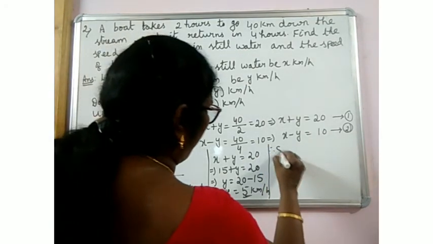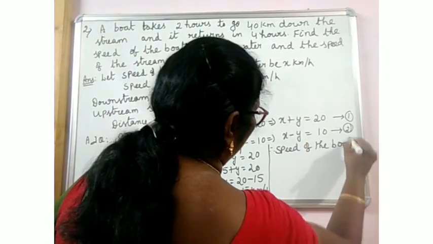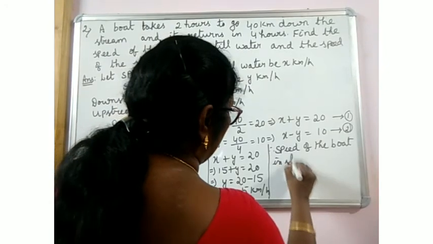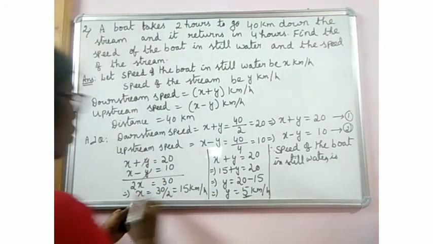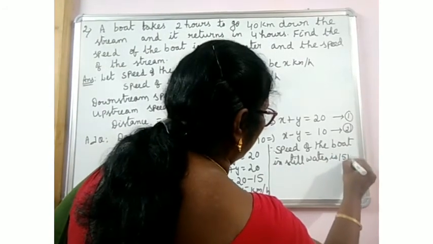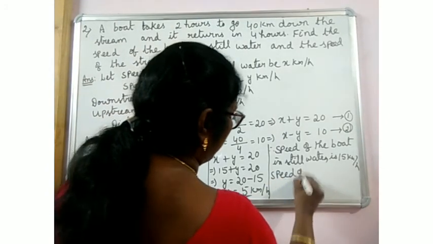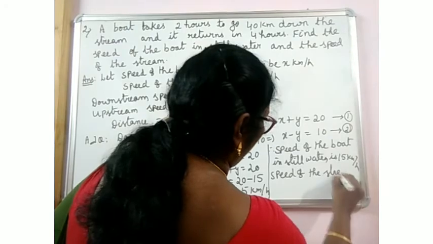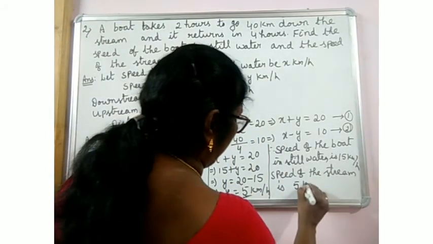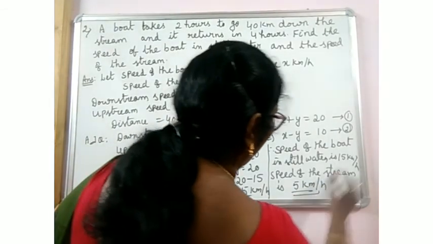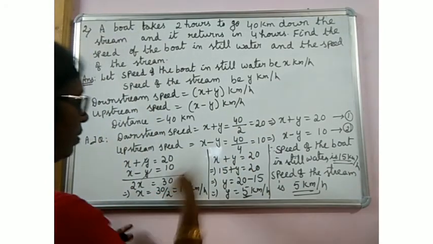Let us write therefore speed of the boat in still water is 15 km per hour and the speed of the stream is 5 km per hour. Okay, so 15 plus 5, 20, 15 minus 5, 10.